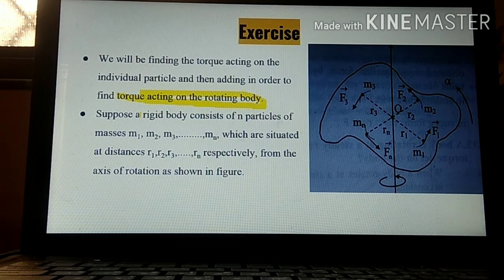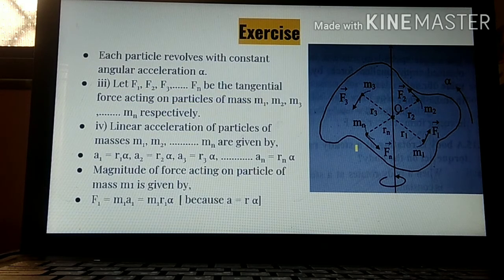So for that reason, we suppose a rigid body consisting of n particles of masses m1 up to mn, situated at distances r1, r2, r3, up to rn, and moving under forces F1, F2, F3, up to Fn respectively. You will see that F1, F2, F3, up to Fn are all tangential forces acting on the masses M1, M2, up to Mn respectively.